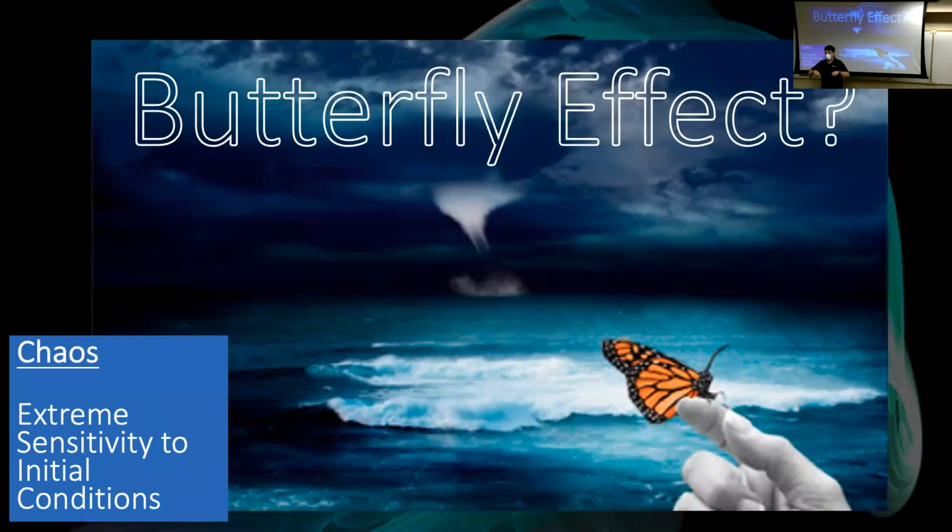If I assumed I'm in a universe where the butterfly has its wings up and actually the wings are down, then my simulation model will give me totally different weather patterns than the ones that actually exist. That's the butterfly effect. It's not about the causal relationship between the butterfly and the weather. It's about the nonlinear relationship between the butterfly and the whole system. It's about getting the initial conditions right. Does that make sense?